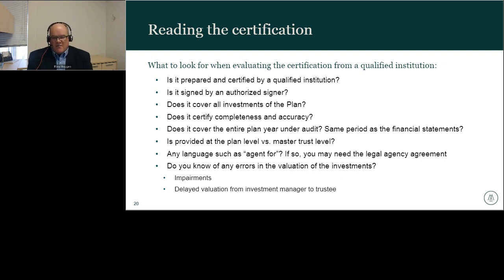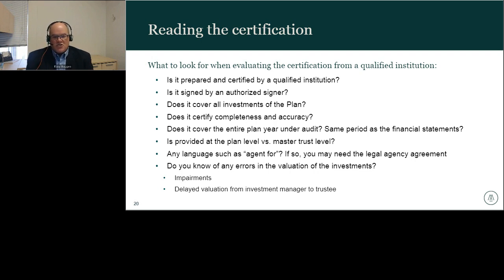The third bullet's kind of interesting because this is something that we're seeing a lot more of as auditors. Does the certification really cover all the investments in the plan? What we're seeing now is a lot of certifications that are carving out participant loans. Maybe they're carving out guaranteed investment products that are handled by a separate insurance company, self-directed brokerage accounts, those types of investment options in the plan.